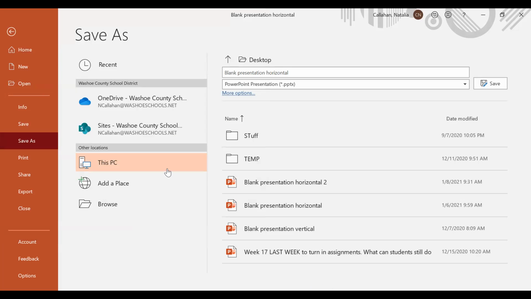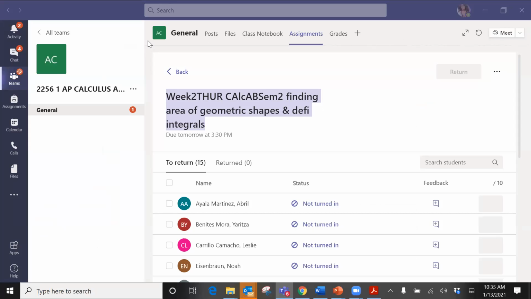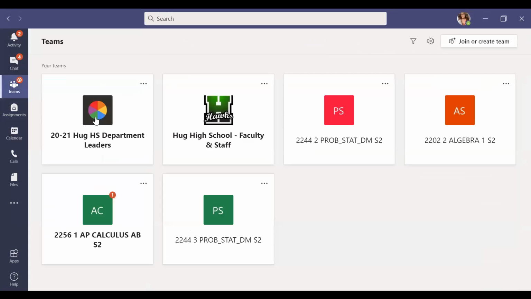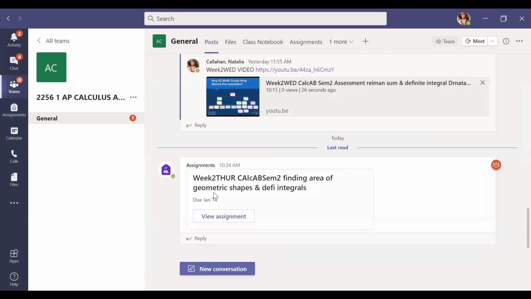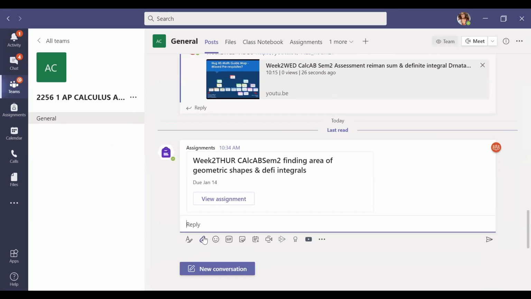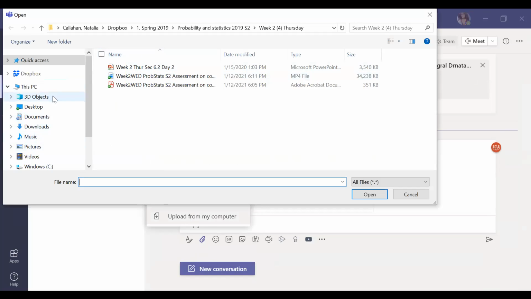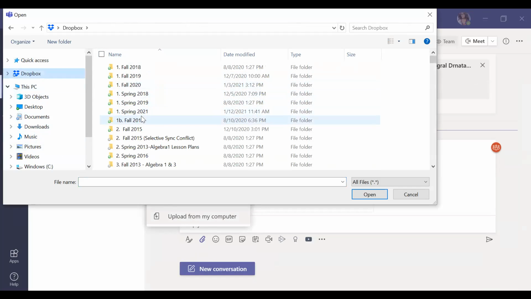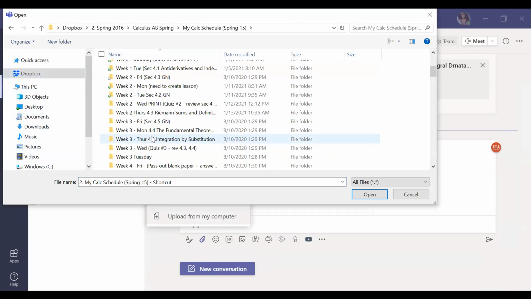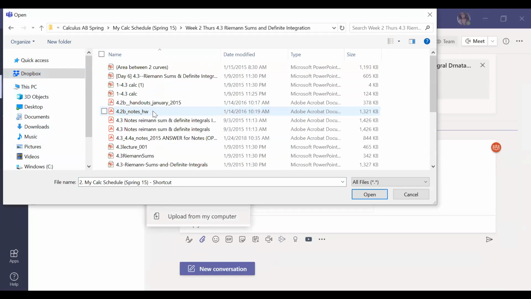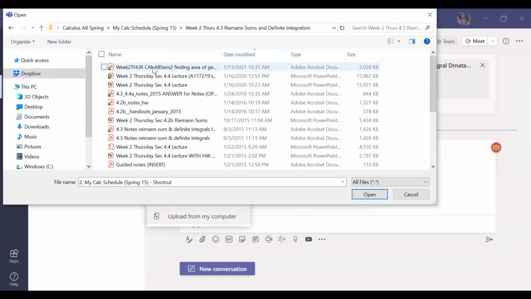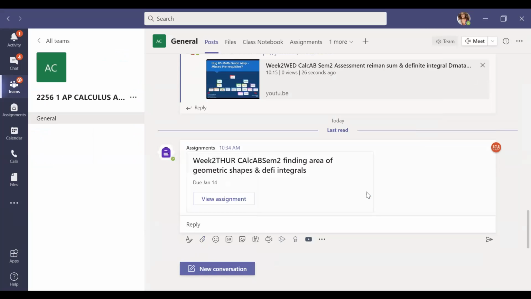Okay, so then let's go ahead and attach this to your assignment for today. So here's the assignment, week 2 Thursday. I'll just go ahead and attach it from my computer. And there you go.